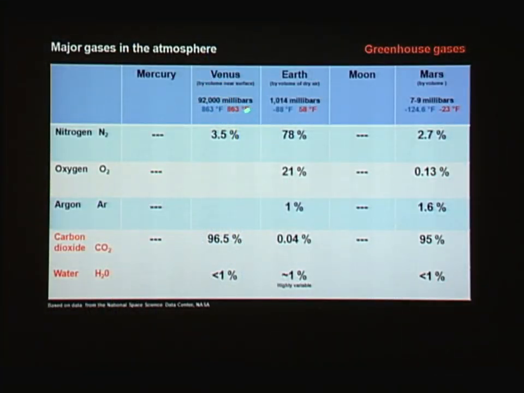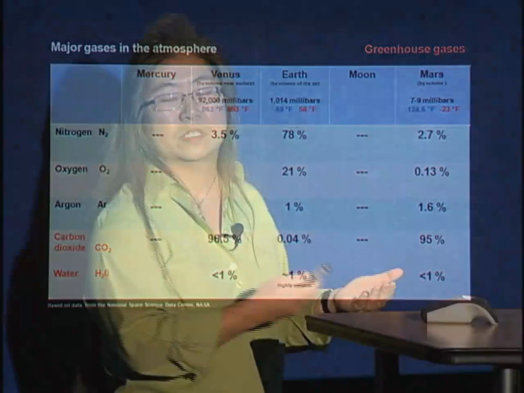high greenhouse gas. If we look at Venus, the thickness of that atmosphere is 92,000 millibars compared to the Earth's 1,000. So it's about 90 times more dense in terms of the packing of the molecules in the atmosphere.